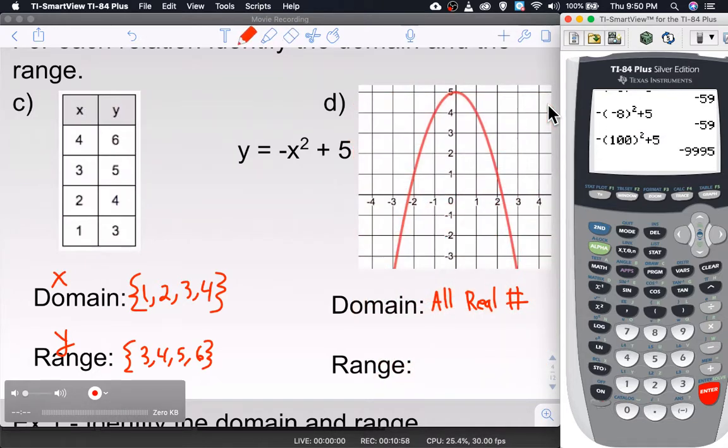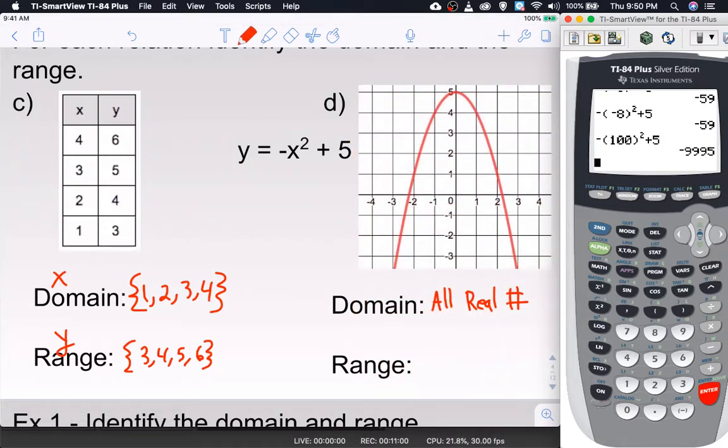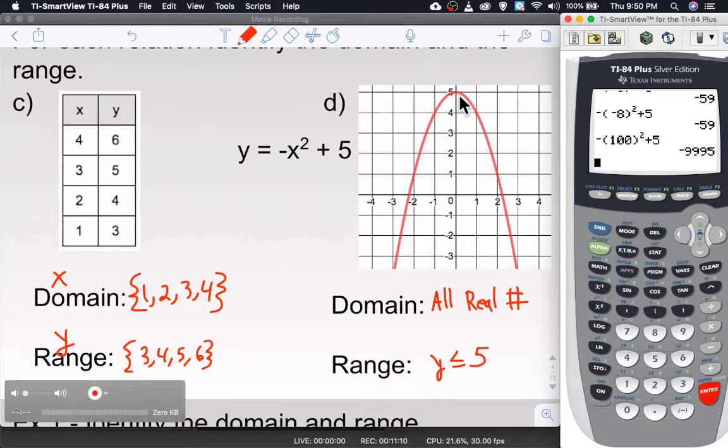So I'm going to say my range is y values less than or equal to 5. It exists at 5. If I plug in 0 for x, this piece would equal 0, y equals 5. So it exists at 5 and everything lower than 5.